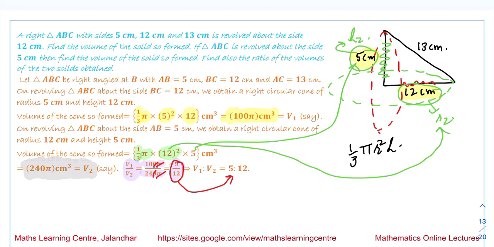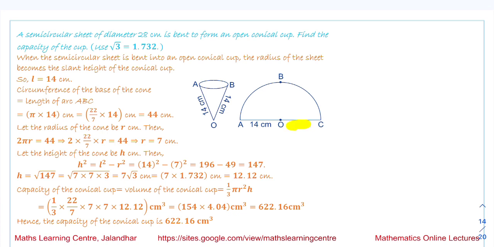Now next we are given that a semicircular sheet of diameter 28 centimeter, meaning radius is 14 centimeter, is bent to form an open conical cup.